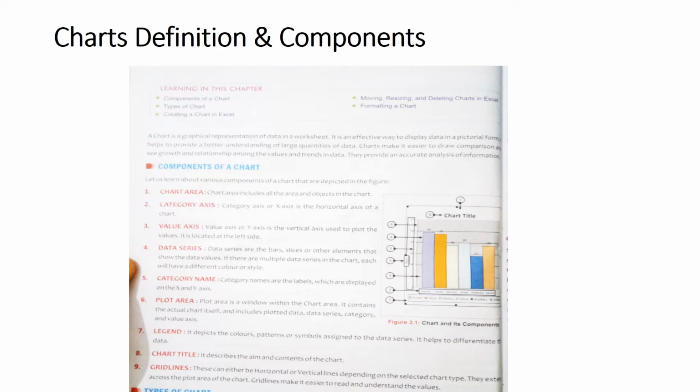Any diagram is easily understandable as compared to values in the form of text. Charts make it easier to draw comparisons and see growth, relationships among the values, and trends in data. They provide an accurate analysis of information.